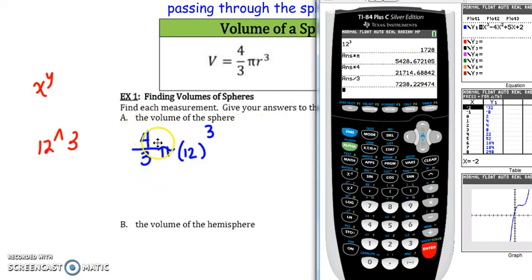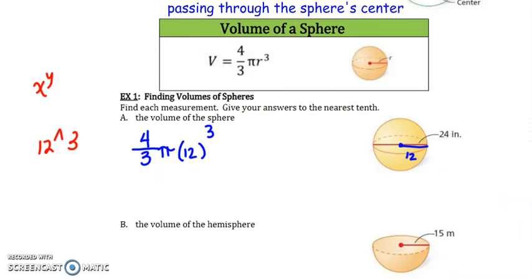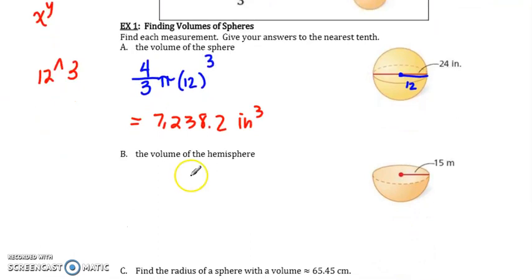That works too, but you can also multiply it by 4 and divide it by 3, and that is equivalent as well. So there's our answer, 7,238.2. So we're going to go ahead and write that. So it equals approximately 7,238.2 inches cubed.